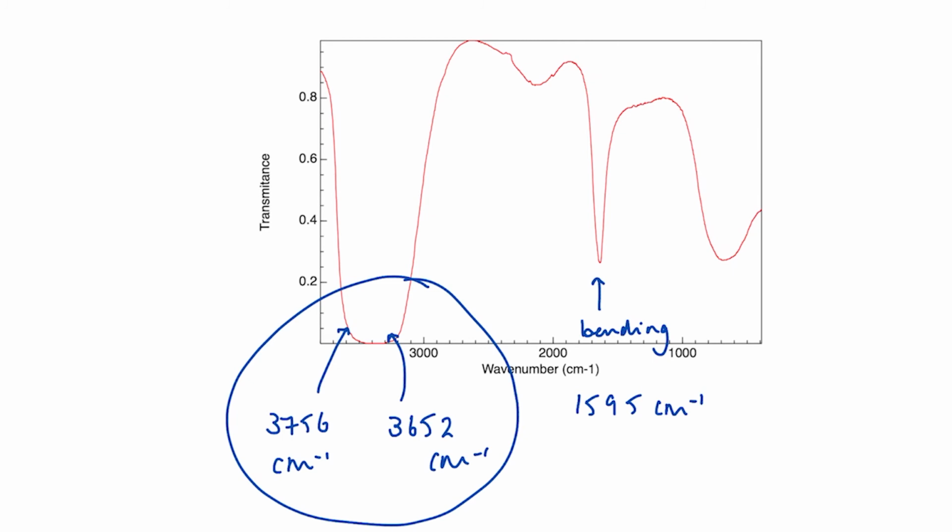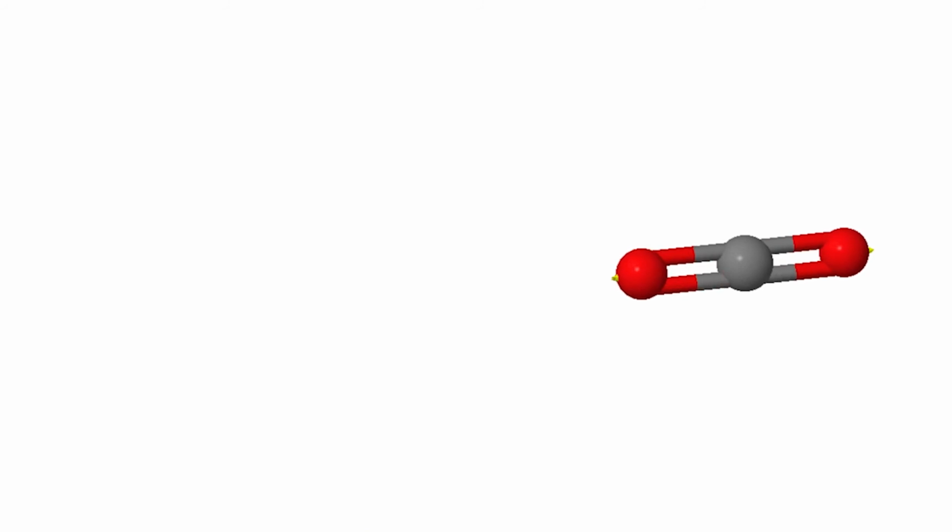Reason for this, in water in particular, we have hydrogen bonding between our molecules, and that affects the ability of the bonds to vibrate. We can see the same thing with carbon dioxide. There's my CO2 molecule.